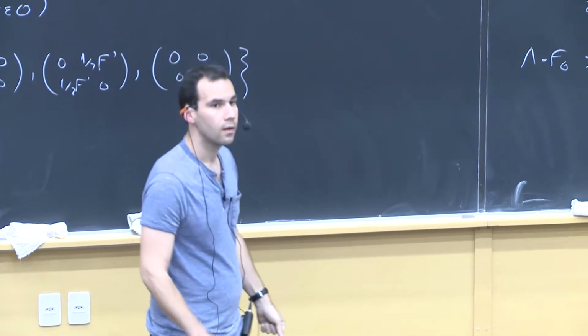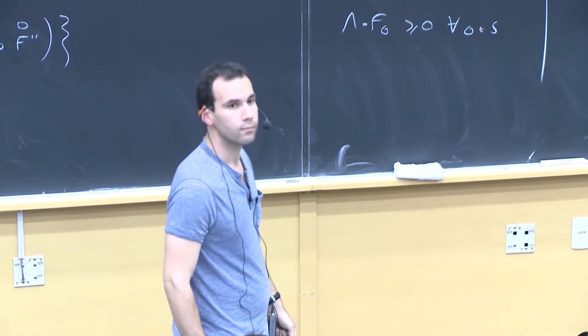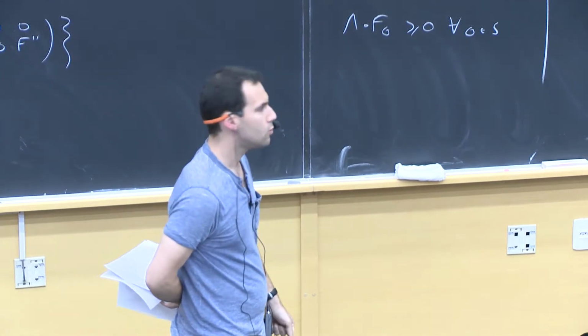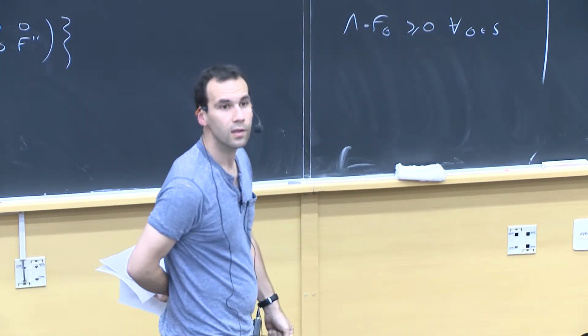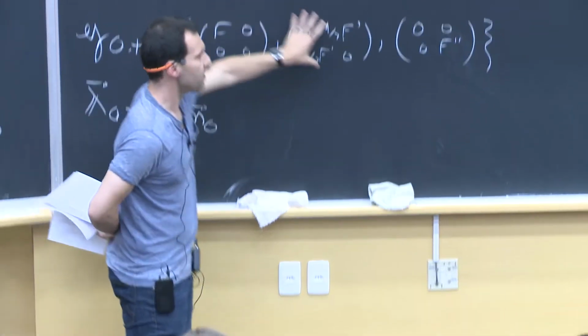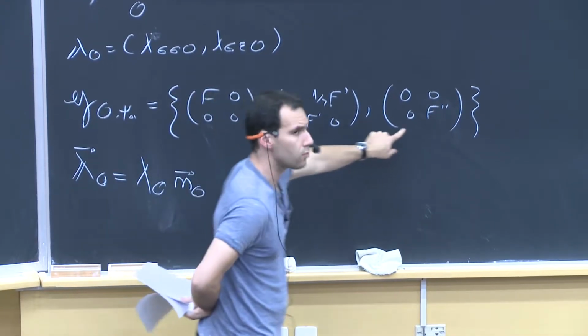I guess a comment is that f written is really a tensor product: f is 0, then 0, and the f prime is 0, then f prime, then 0. Like it's a vector of matrices. Yeah, this is a vector of matrices, and it has three parts.